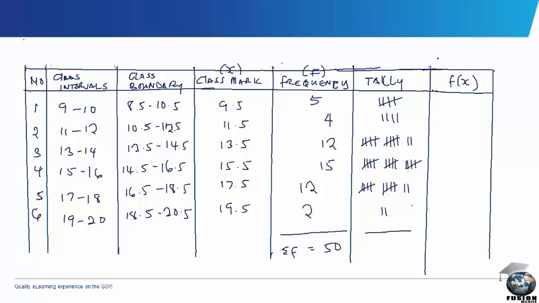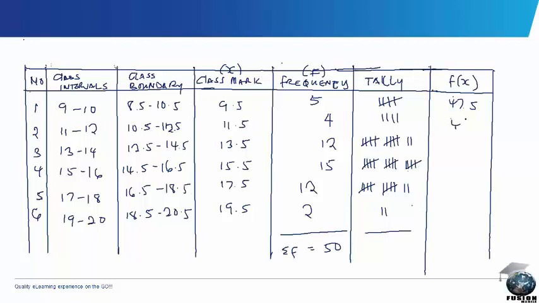Okay, so on this column we try to find fx, and fx means multiplying the class mark by each of their frequency. The class mark for the first class is 9.5 times the frequency of 5. We have 47.5, and then the second class there we have 11.5 times the frequency of 4, and then we have 46.